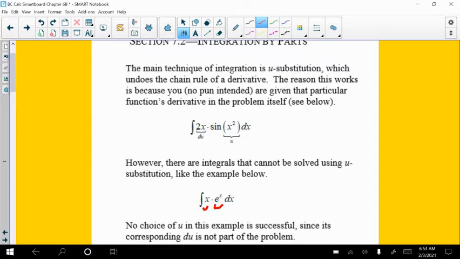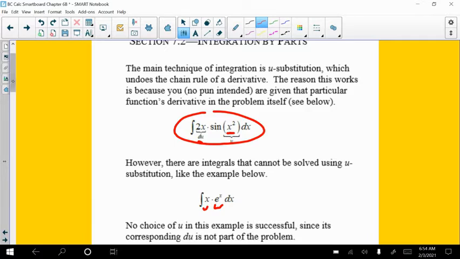And the reason that wouldn't be a u substitution is because we never had the chain rule, right? A chain rule as a derivative is why you need a u substitution. You'd have a u that's embedded in a function, and then there's its derivative sitting out there. So that technique, the u substitution, undoes the chain rule. But what if you never had a chain rule to start with? And so we need another technique.